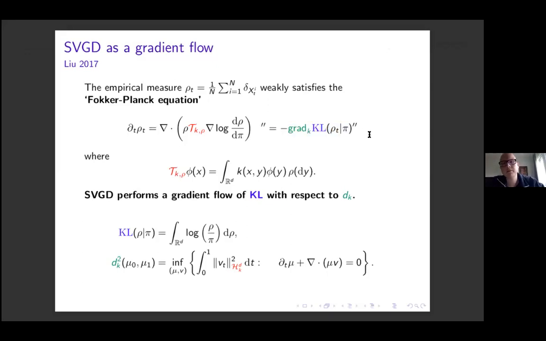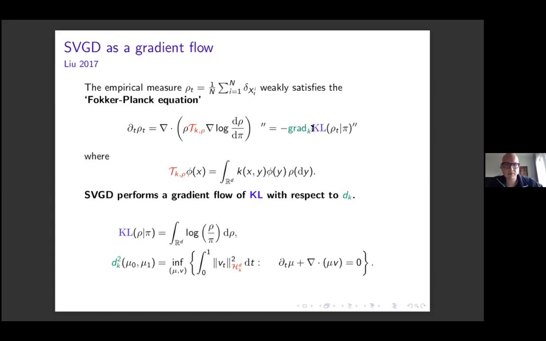Of course, this needs interpreting, but this means that if you think of this rho_t, as I said before in the introduction, as a point in a manifold, then we can think of this dynamics as a gradient flow dynamics of some function, namely the KL divergence, down here, and with respect to a certain geometrical structure.